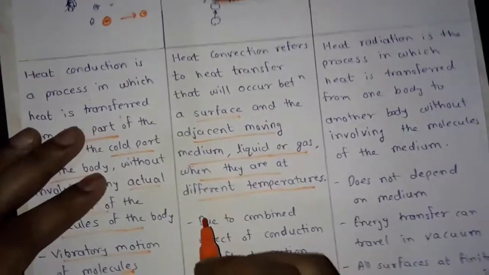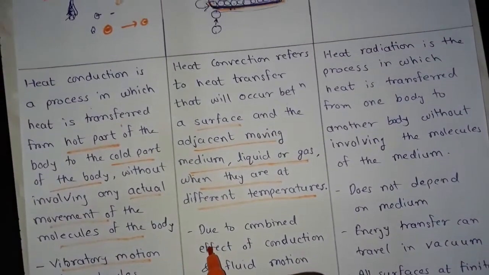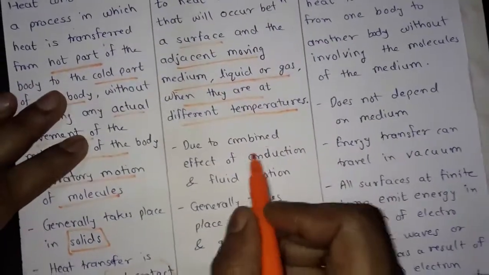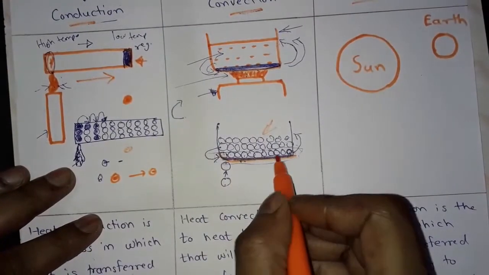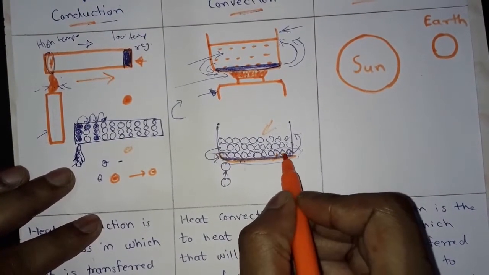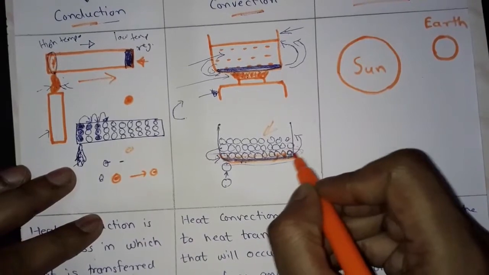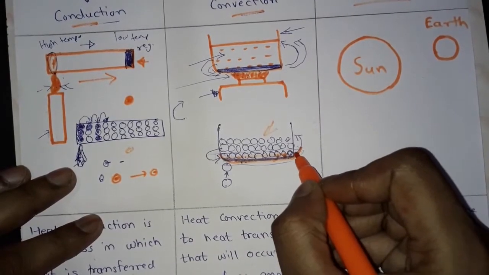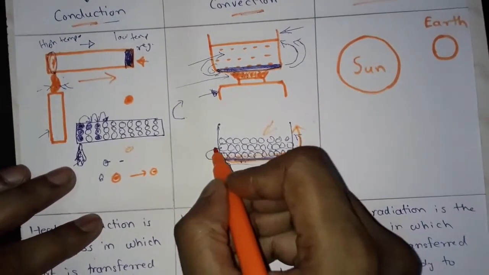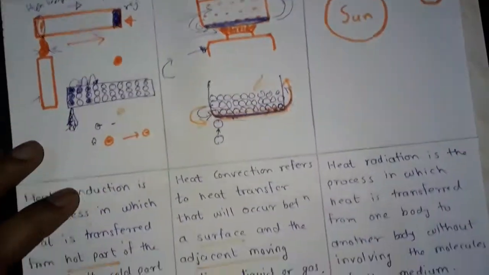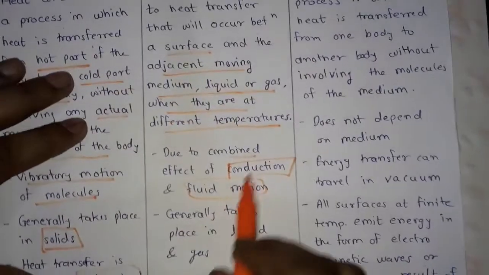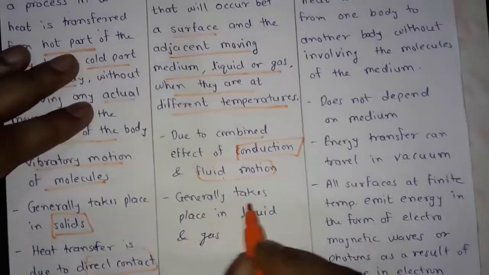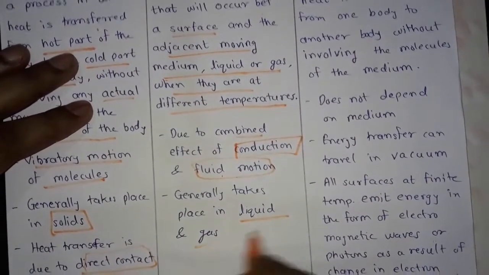This convection heat transfer is due to the combined effect of conduction and fluid motion. There was conduction heat transfer to this layer, and then there is fluid motion in the upward direction, and here it is downward motion, the combined effect of conduction and fluid motion. Generally it takes place in liquids and gases.